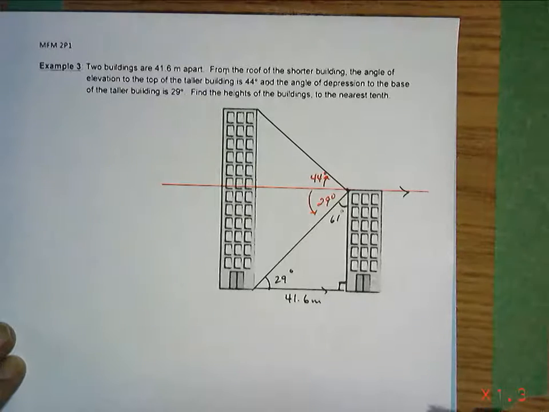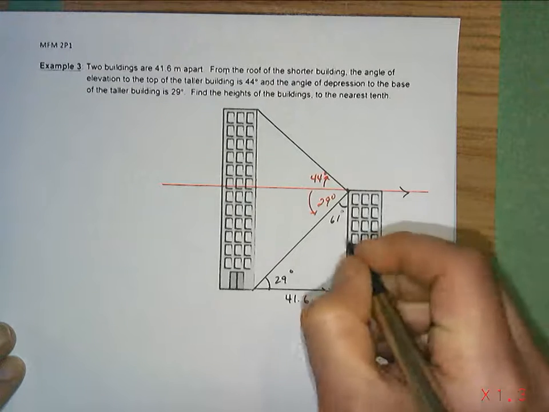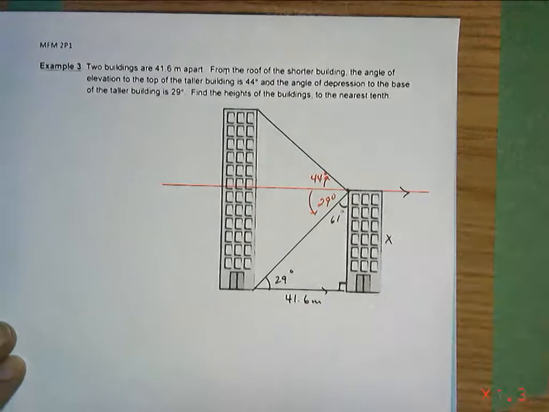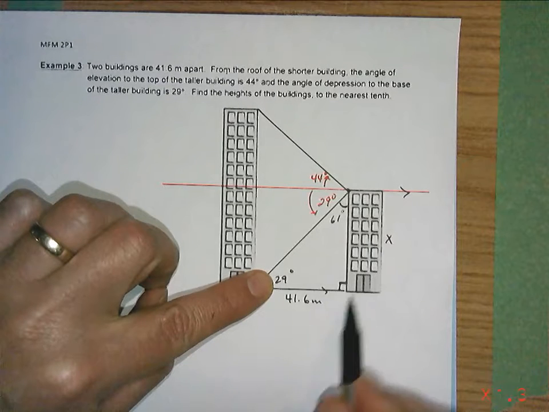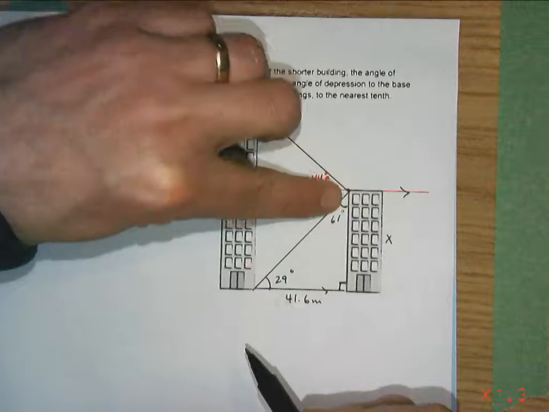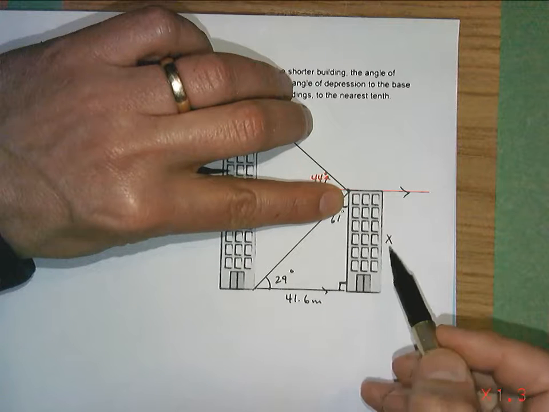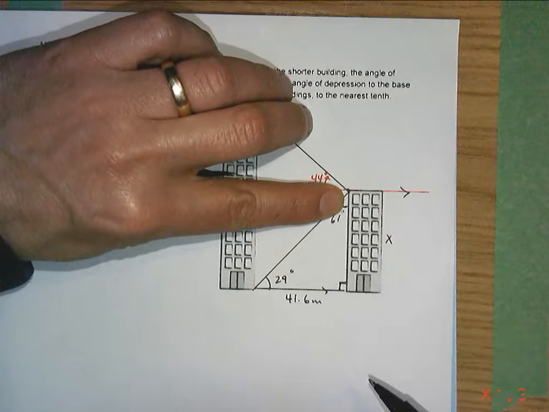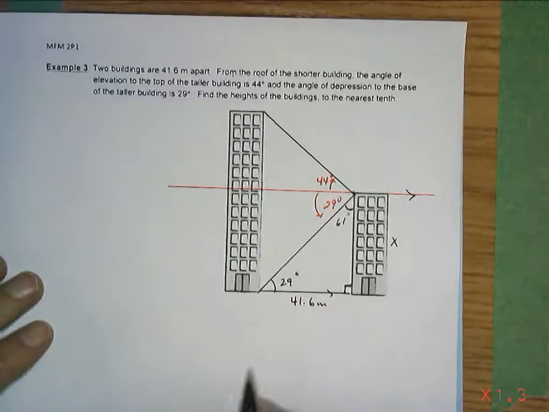I have enough information to be able to determine the height of this building. If I want to call that X, then I can look at this angle and say that I've got opposite over adjacent from this angle. Or I could work with this angle and I've got opposite and adjacent. So both of them work. So what I think I'll do is start with the tangent of 29.